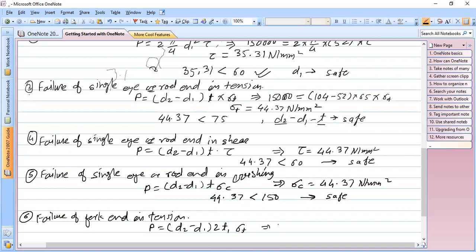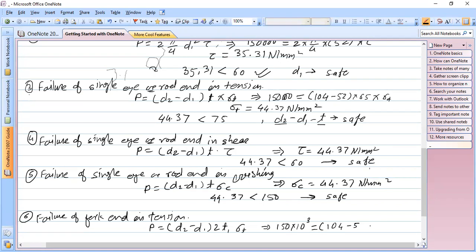Then from here we'll take 150 into 10 raised to power 3 is equal to, how much is D2? D2 is 104 minus D1 value is 56.